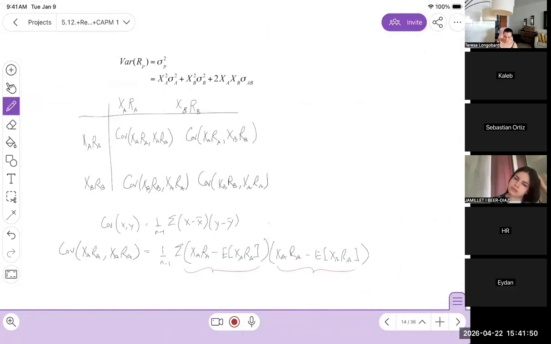You're paying attention? Can't you also factor out RA? No, because remember that E of XARA can become XA E of RA. They get separated, right? Because I showed you that before, that this can come out because it's just a scalar. So the mean of an average, remember that whole discussion, is equal to the average of the means. It's the same thing here.